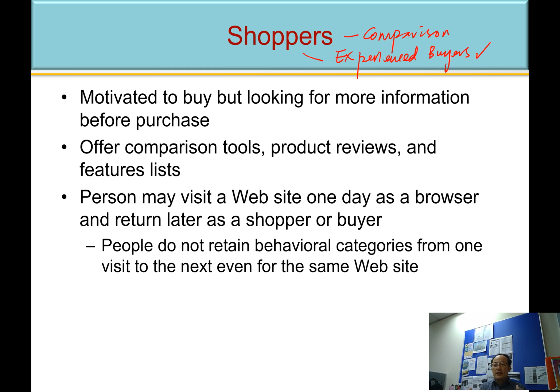What does experienced mean? They always buy goods, and they already have a lot of information. They are looking for maybe a lower price, good quality, and unique products online. So motivated to buy but looking for more information before purchase.